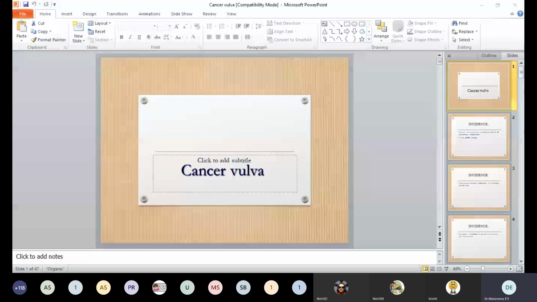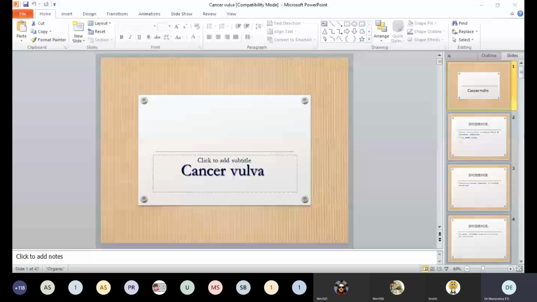Its incidence is in the later part of life, around women aged more than 65 to 70 years. So its incidence increases with increasing age. Same as cancer cervix, even cancer vulva is also in high association with HPV serotypes, that is human papilloma virus.